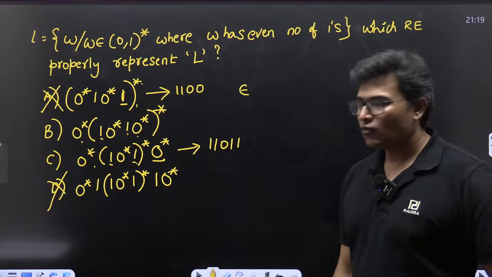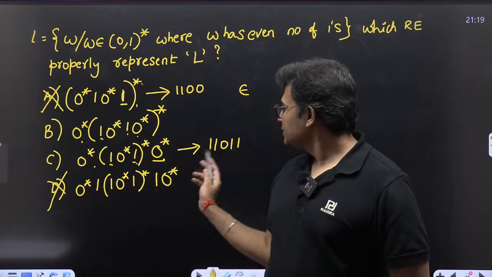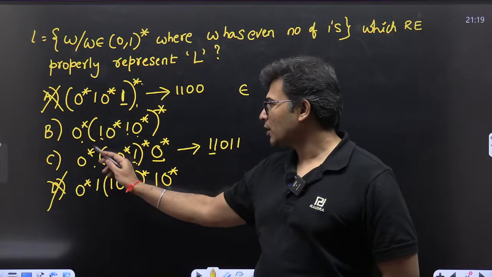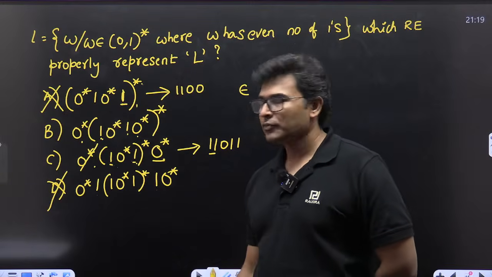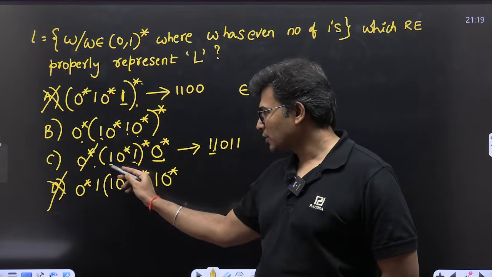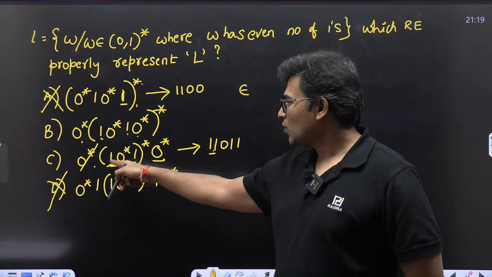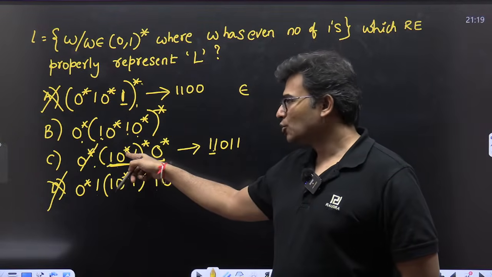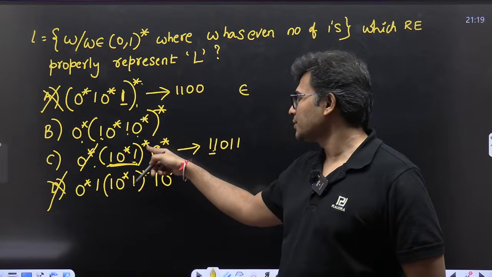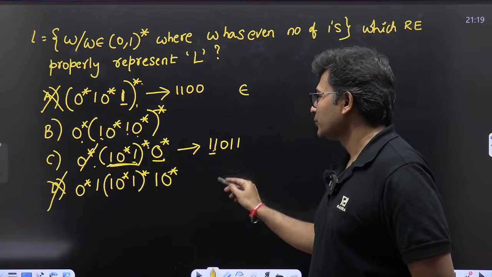Right? Why? You try this. See, it has to start with 1, 1. So we are not going to use 0 star. It has to start with 1, 1. So definitely I have to use this. Let's use this, 1, 1. I'll put a 0 here and I'll put a 1 here. Then I'll get 1, 1.